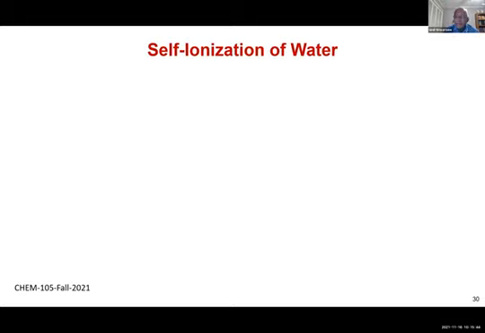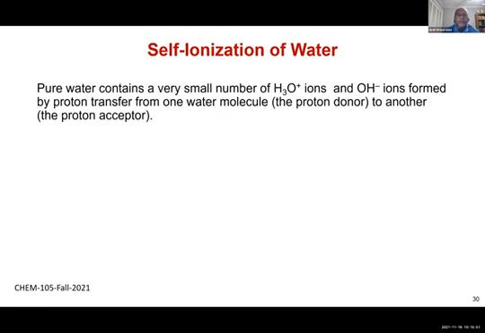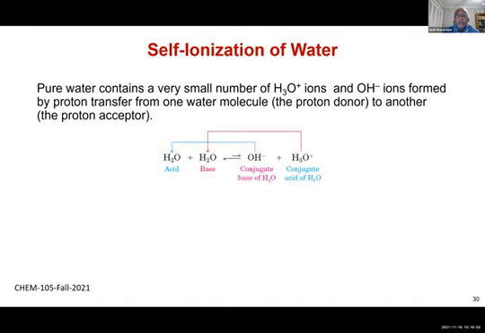First, to understand pH and pOH, we have to understand the self-ionization of water. Pure water reacts with another water molecule to produce hydronium ion and OH ion, according to this equation. One water molecule acts as a Bronsted-Lowry acid.